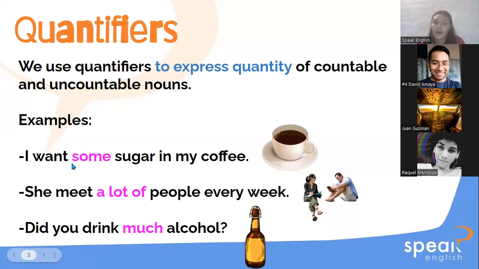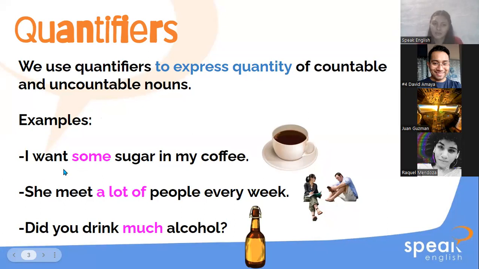For example, I want some sugar in my coffee. You can't count. If you have time, you can count your cubes one by one. How many cubes do you want in your coffee? If you don't have time, we use some.